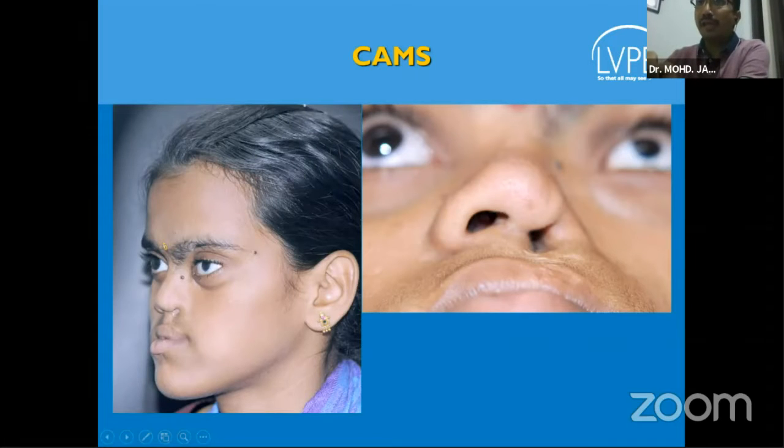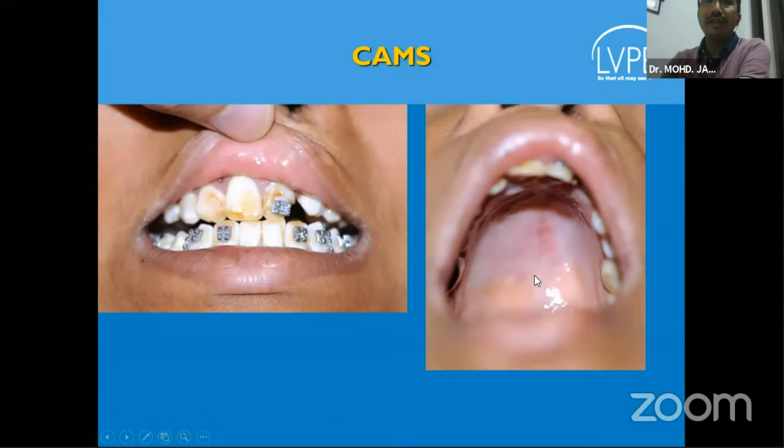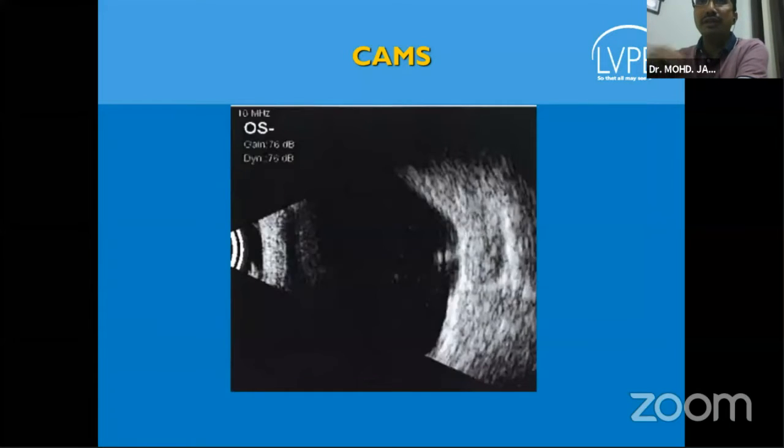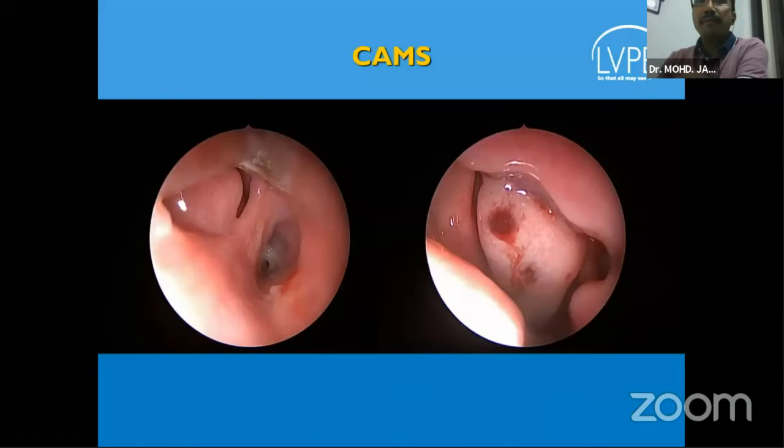You can see a hypoplastic nares, a gross mid-facial hypoplasia, and an antimongoloid slant of the eyelids. You can also see a scar, which shows there was a possible repair of cleft lip. There are a lot of dental anomalies being treated, the palate is quite high arched, and this is showing a retinochoroidal coloboma.